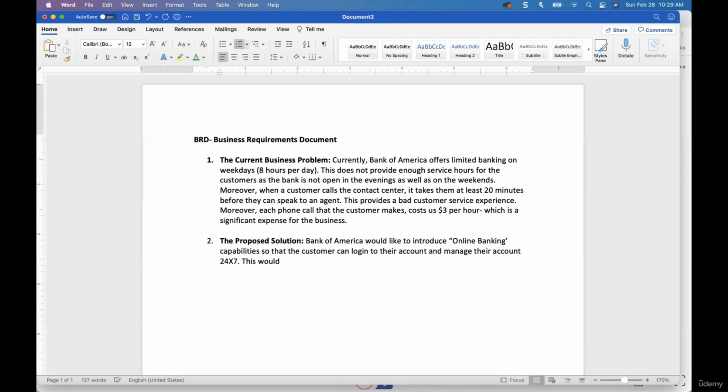This would also significantly reduce call center volume and will help reduce the expenses associated with running a call center. So that's the proposed solution.